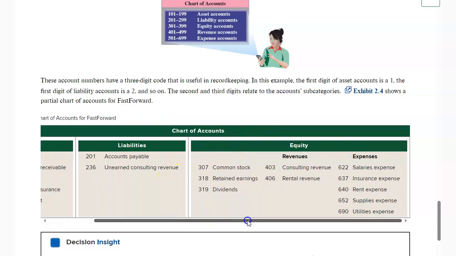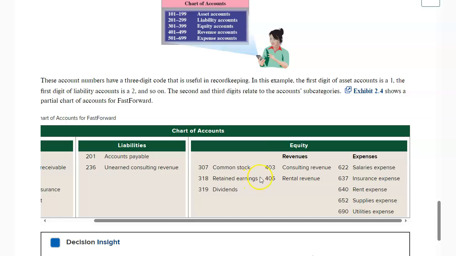Equity accounts, we know that common stock and revenue will have a right side balance. Dividends and all the expenses will have a left side or debit balance. Retained earnings most of the time is going to be a credit balance. It could, if we've lost more money over the lifetime of the company than we've earned, go into the left side, which is a really bad sign for the company.